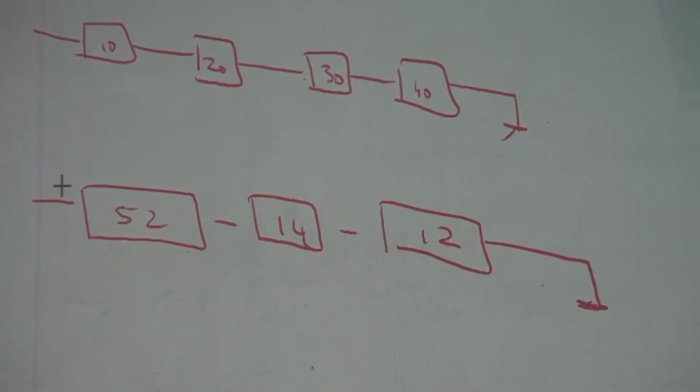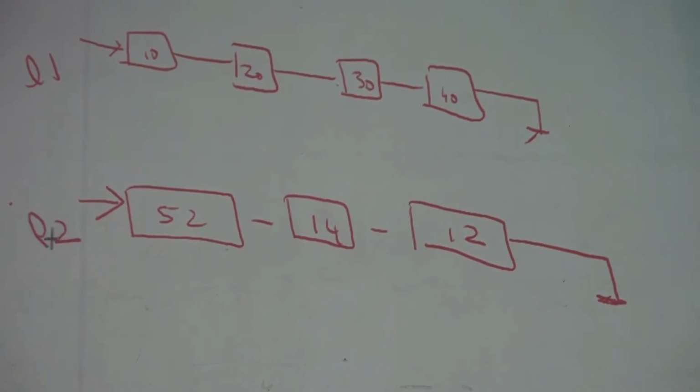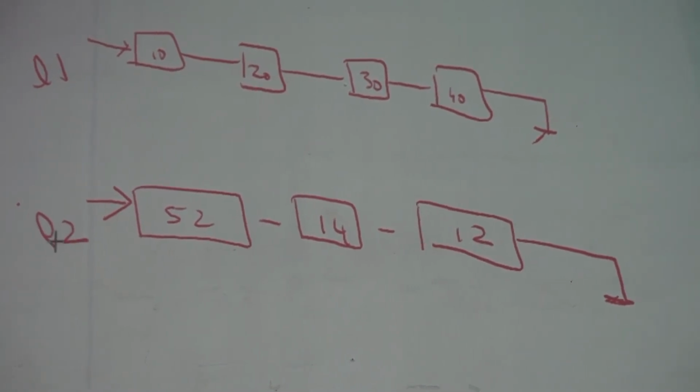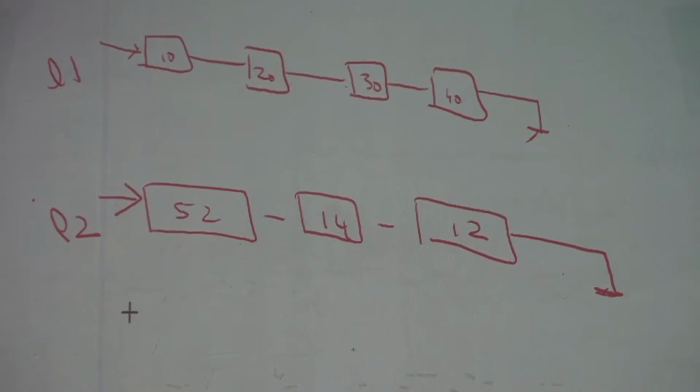At the moment, we are not asking you to do anything. Now, let's say this is L1, this is L2. So you're supposed to create 2 linked lists with some arbitrary numbers. There's nothing special about these numbers. And we will say L3.